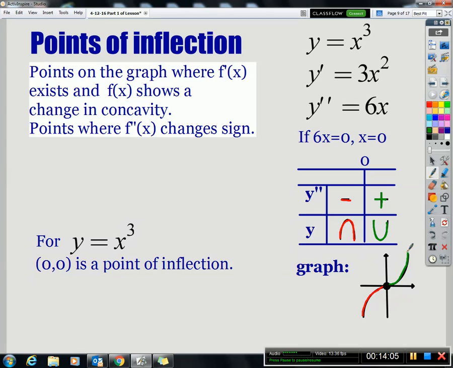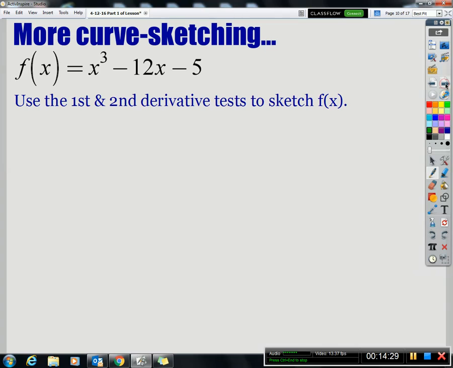And I mentioned then that since you see a change in concavity, whether it goes from concave down to up like it does here or vice versa, you get a point of inflection. So there's a point of inflection at x equals 0, and when I plug 0 in, I get 0. So (0, 0) is the point of inflection. So the points of inflection are easy to identify if you're already doing the second derivative sign charts.